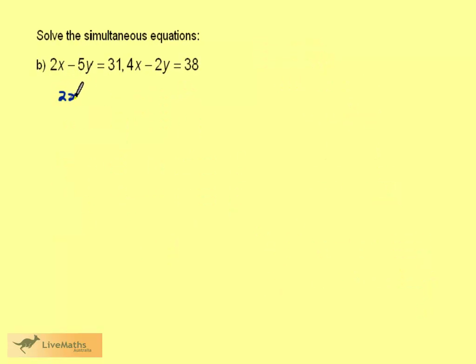We now have 2x minus 5y is equal to 31. Call this equation 1. And 4x take away 2y is equal to 38. Call this number 2. Different x's and different y's.